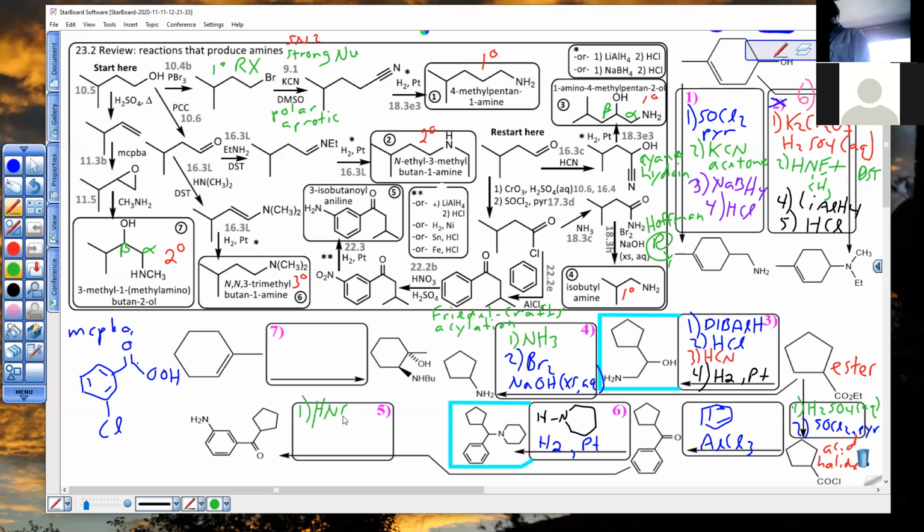HNO3 and sulfuric acid. You got a nitro group on your benzene. Now I have to reduce it to an amino. And I'm going to use, I haven't used the iron catalyst yet. Iron filings, they're called. The name says how they're made.